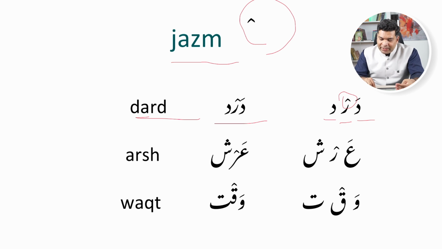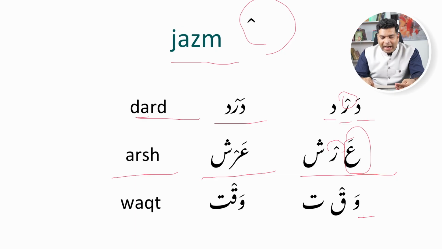Similarly, ain with a zabar and re with a jazm followed by a sheen, it becomes arsh and not arash. Similarly, for example, you have vow with zabar, which makes it wa, kaf with jazm followed by te, it becomes waqt, and it doesn't become waqat.